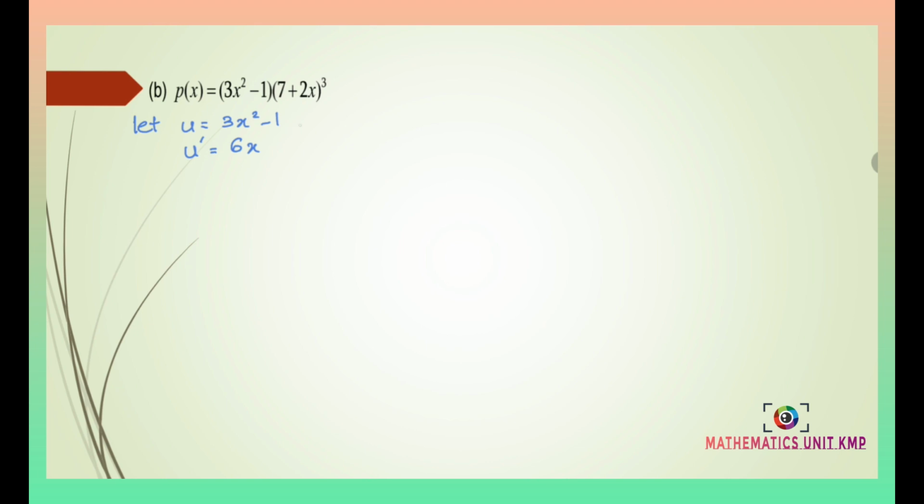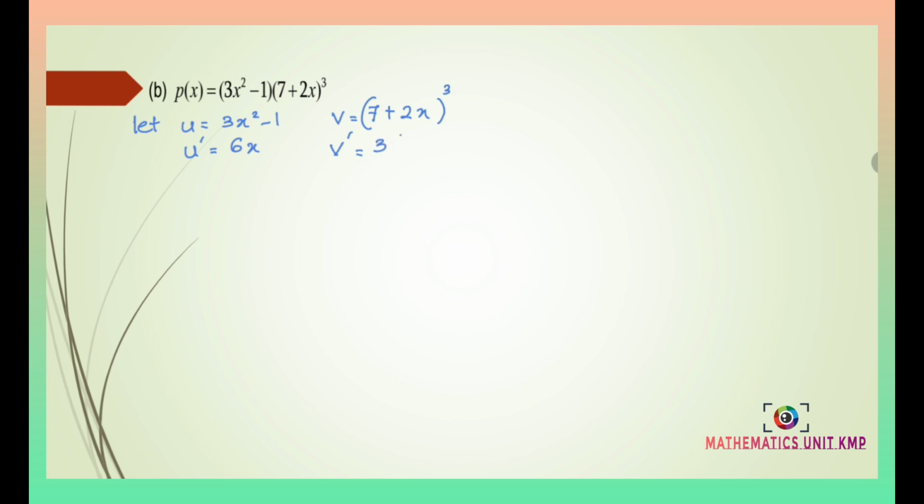After that, we let v equal (7 plus 2x) power 3. Then we differentiate v, because we have the power outside the bracket, we have to use the general power rule to differentiate v.